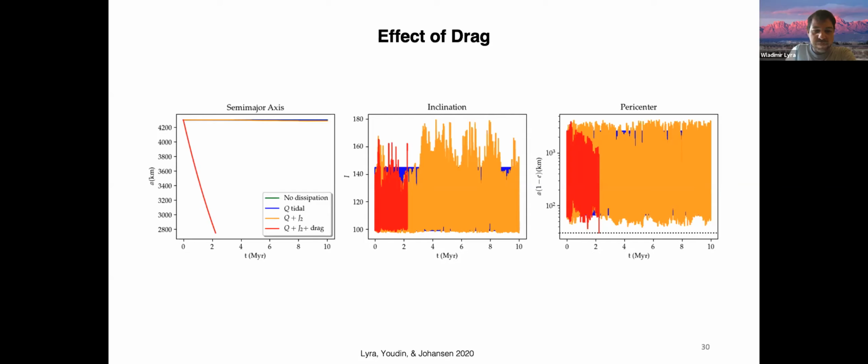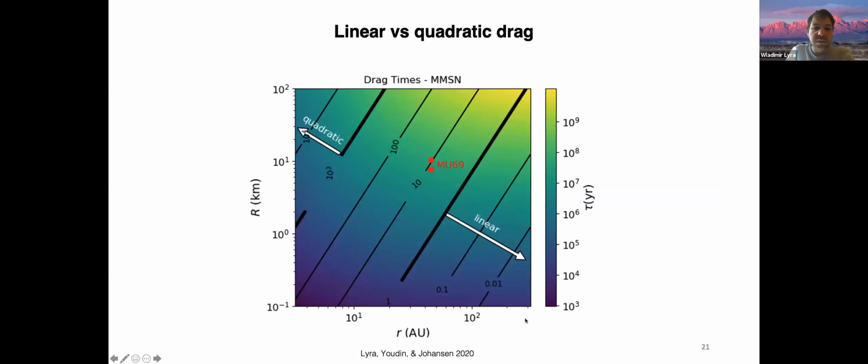Okay, so the first question, yeah, I used the minimum mass solar nebula here for this plot. So these are the drag times on the minimum mass. So that's the densities of the minimum mass, the radii of the body, and I assume the density of about half gram per cubic centimeter, which is what comes from the results of New Horizons, and the typical drag of the nebula.